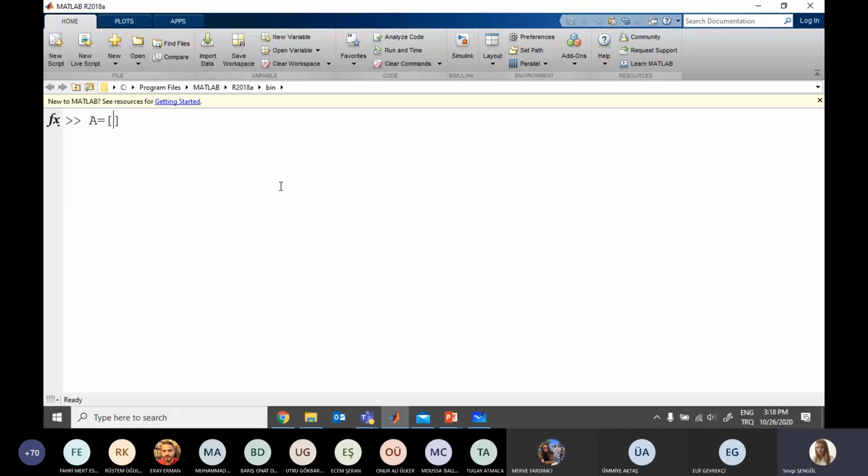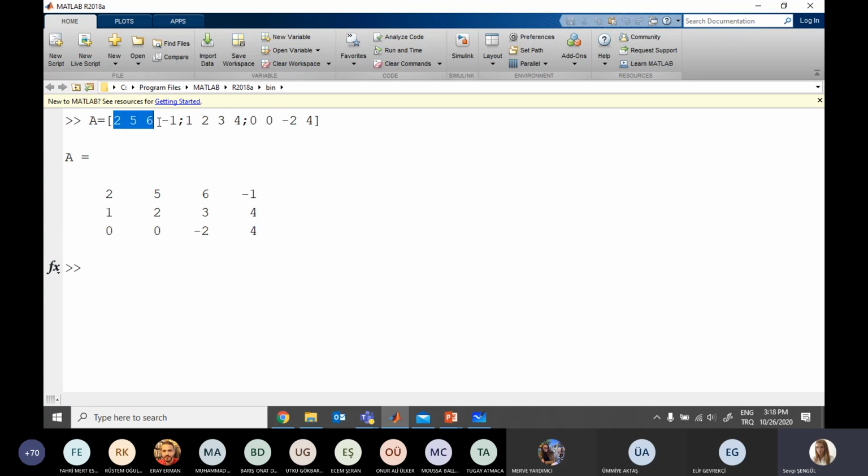Whatever the first row elements are, write in here: 2, 5, 6, -1. Let's say we have 4 columns, and then 1, 2, 3, 4, and go to the next row. So this is gonna bring you to the next row, and for that one, 0, 0, -2, 4, and let's say enter.